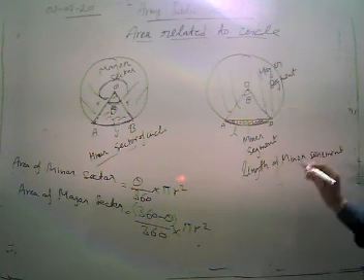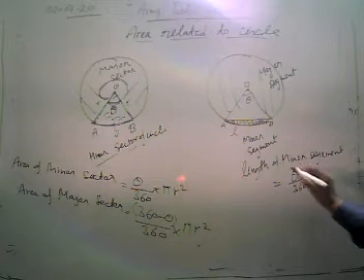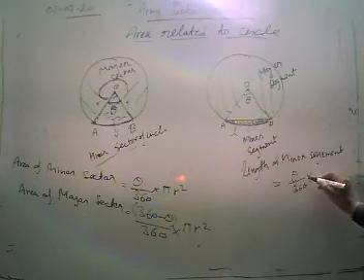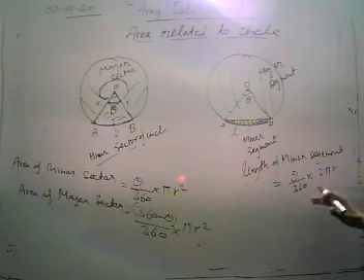So we have theta upon 360. Now this arc is a part of the circumference of the circle, so this is multiplied with 2 pi r. Theta upon 360 into 2 pi r.